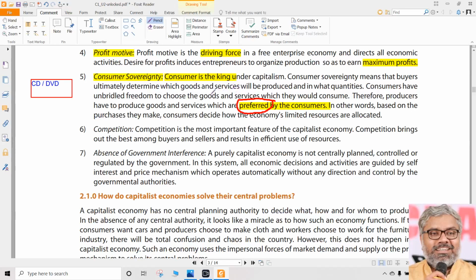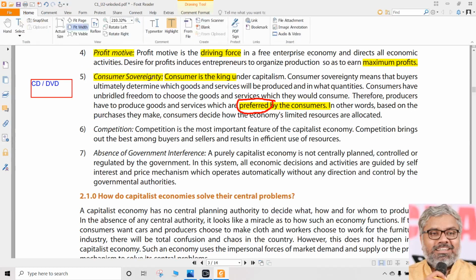It is the consumer who will determine what to produce and how much to produce. They will direct the entrepreneur to increase or decrease the quantity of supply and quantity of production as well as distribution. So that is what we can call consumer sovereignty.